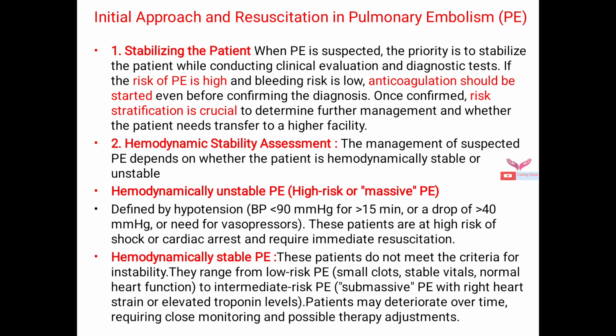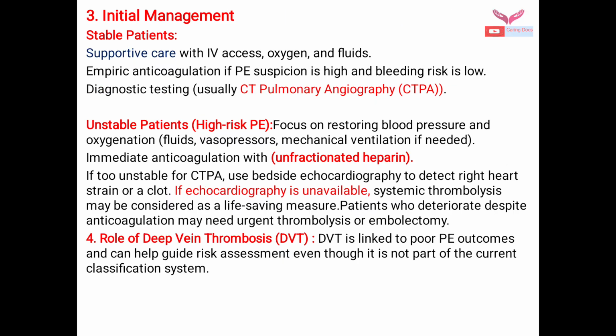Hemodynamically stable patients are the patients who do not meet the above criteria for instability. They range from low risk to intermediate risk, and these patients may deteriorate over time, requiring close monitoring and possible therapy adjustment.